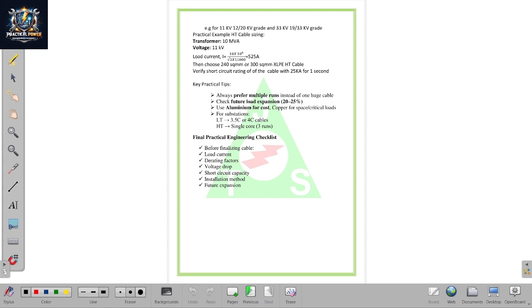We should take into account the checklist as given here. Before finalizing the cable, we have to check the load current, derating factors, voltage drop, short circuit capacity, installation method, and future expansion. These things are to be taken into consideration.